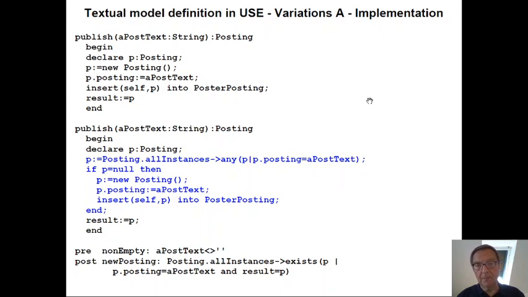So the main point here is that the pre- and postconditions for an operation do not force you to implement the operation in one particular way. You typically have freedom to choose one or the other implementation for an operation.